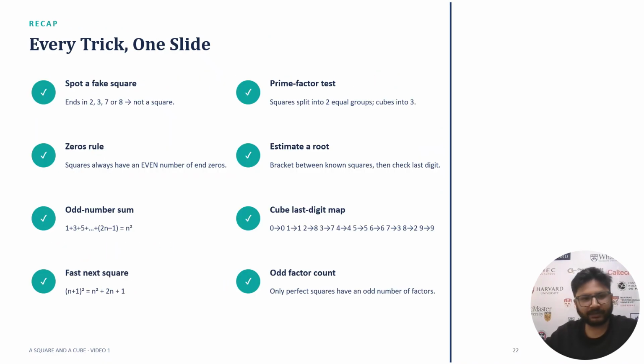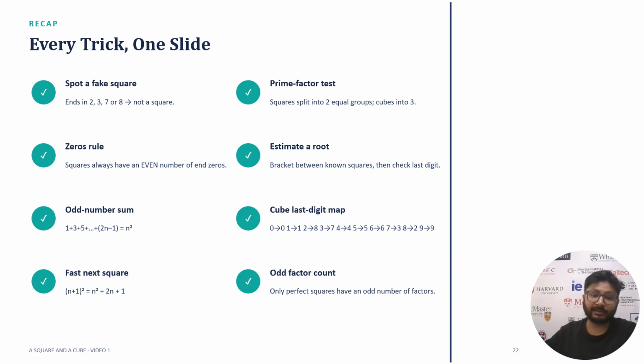And I think that's all for this particular video. These are the things that we discussed in this video. We were able to spot the fake squares. There was a zero rule. Odd number sum was the perfect square, basically starting with 1, then 3, then 5, and so on. How to calculate the fast next square: n plus 1 whole square is equal to n square plus 2n plus 1. Then we did the prime factorization to test whether a number is a perfect square or a perfect cube or not.